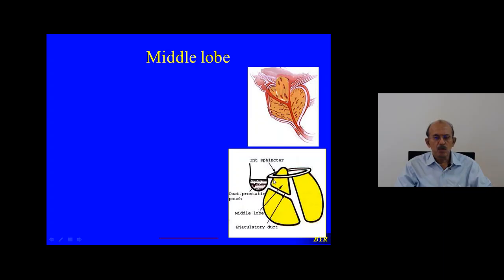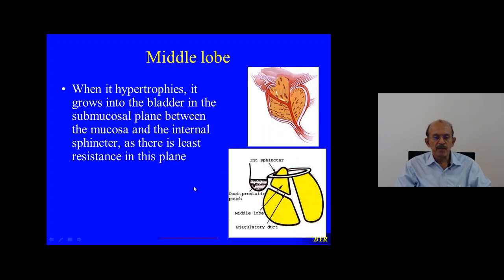So when this middle lobe enlarges, it passes into the bladder because there is a plane of least resistance. It passes between the urethral mucosa and the sphincter. So it insinuates itself between the sphincter and the mucosa.